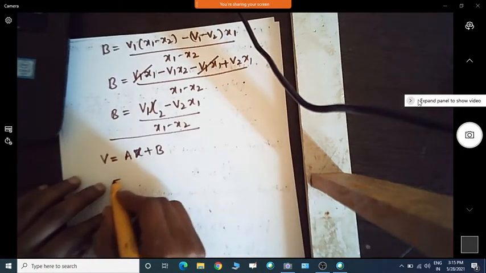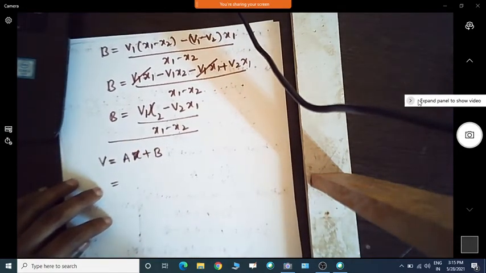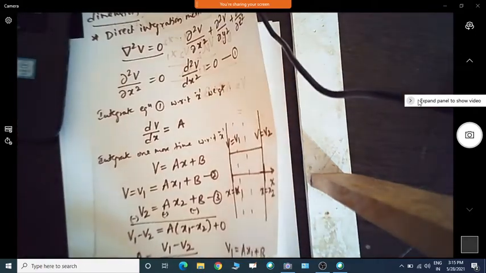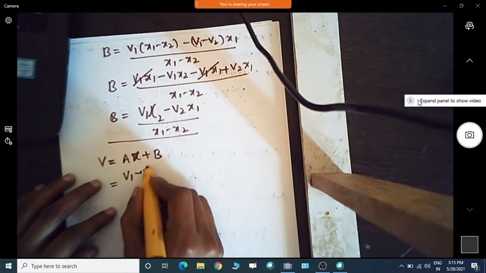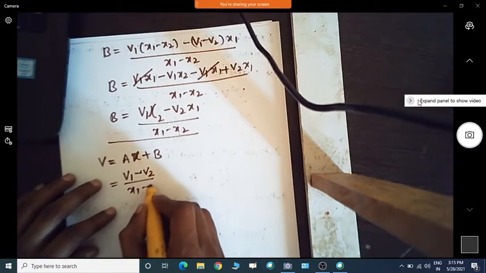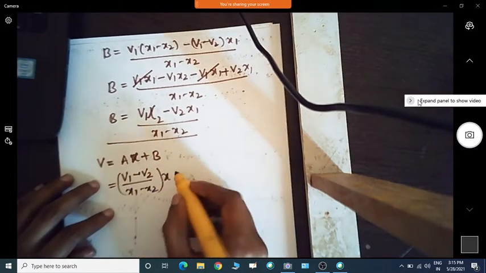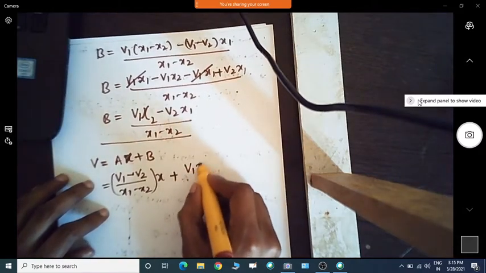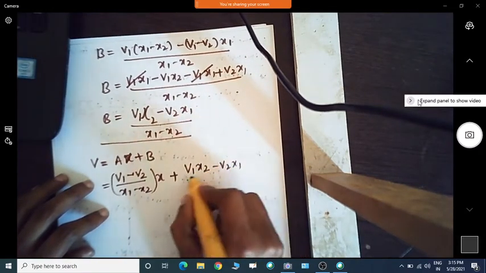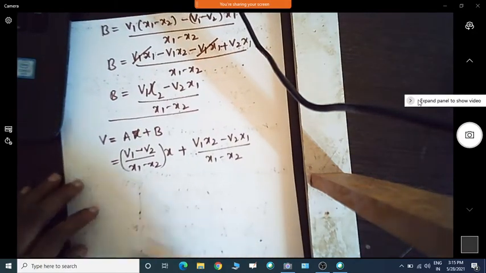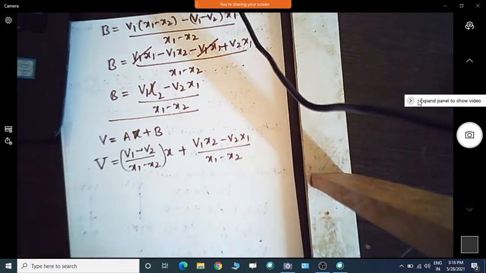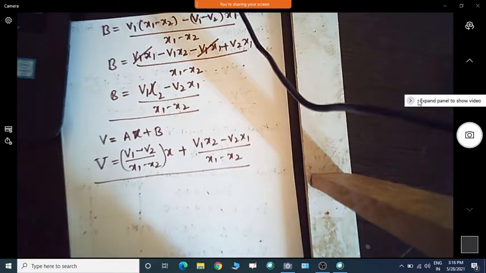What is the value of a? a equals v1 minus v2 by x1 minus x2, this into x, plus b, which is v1 x2 minus v2 x1 divided by x1 minus x2. So this is the solution we get. This is the general solution for the one variable.